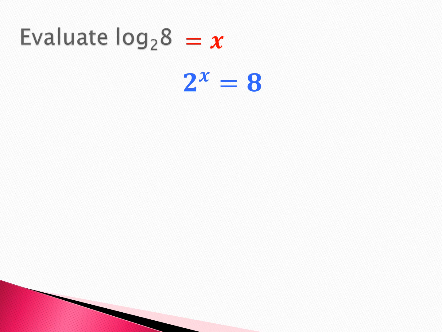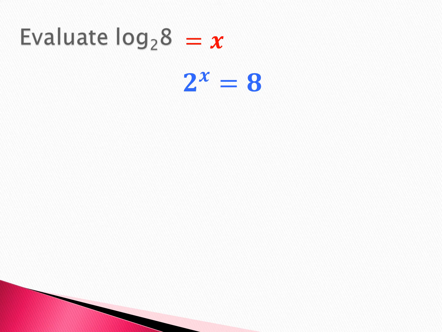Now, we pretty much know x is 3, but that's not showing your work. So yes, we know 2 to the x power equals 8, and we know x is 3. But again, you've got to show your work, because now you're submitting your work. So how do I solve? Oh, wait, I can change this into common bases.